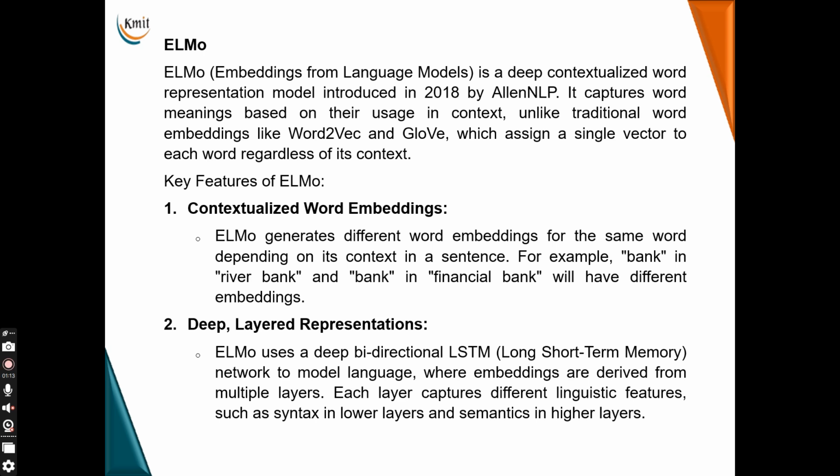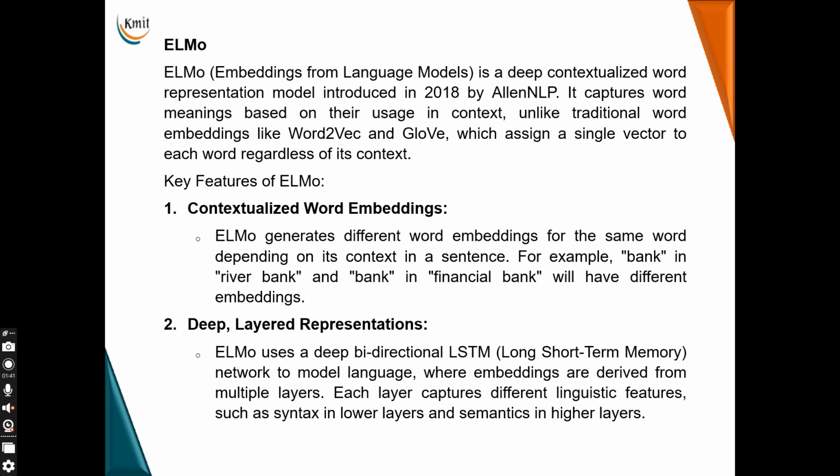It differs from the traditional word embedding models like word2vec and GloVe, and it is not limited to a single vector for each word regardless of the context. The two models which are listed out here are assigning the word to a single vector irrespective of the various contexts a word can be used.